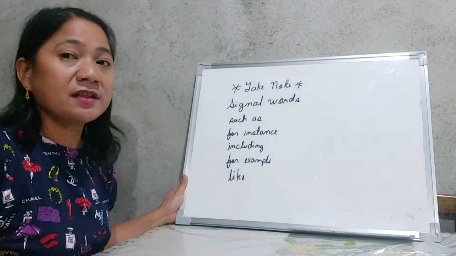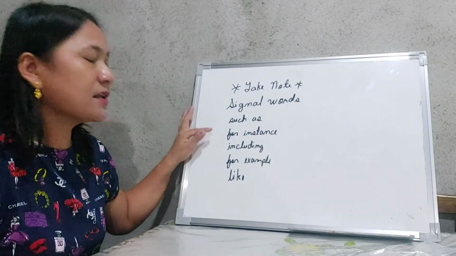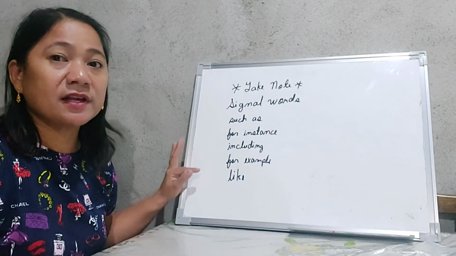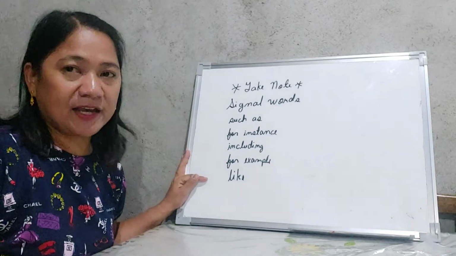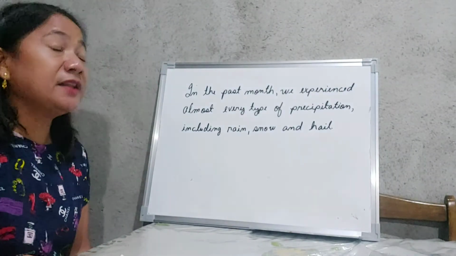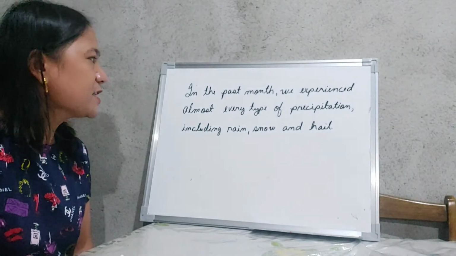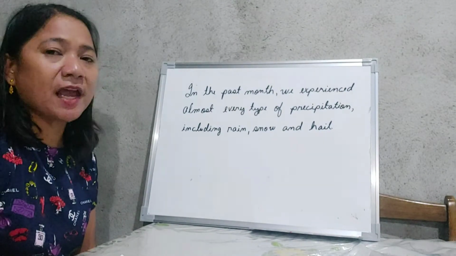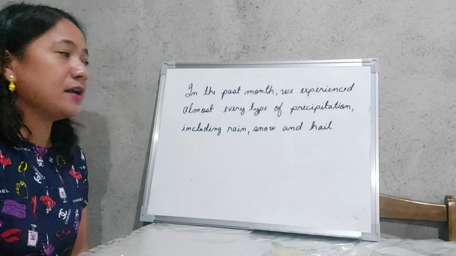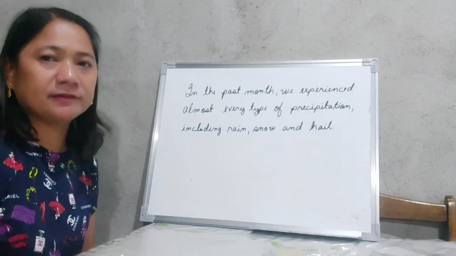They use signal words such as for instance, including, for example, and like. So let us read this sentence. In the past month, we experienced almost every type of precipitation, including rain, snow, and hail.